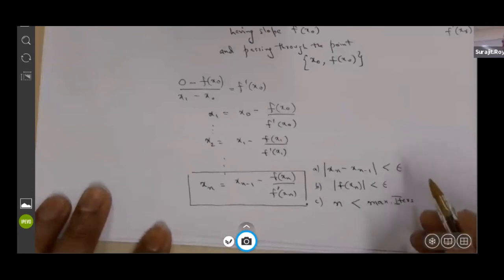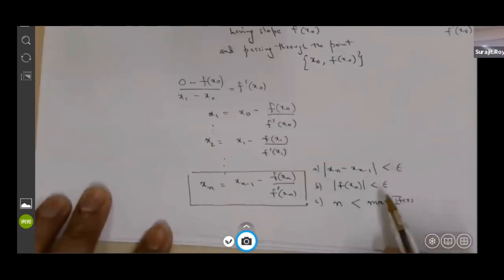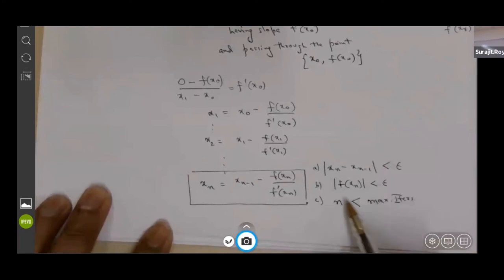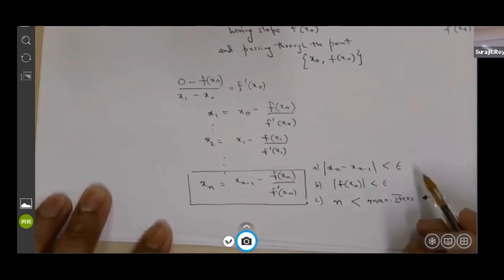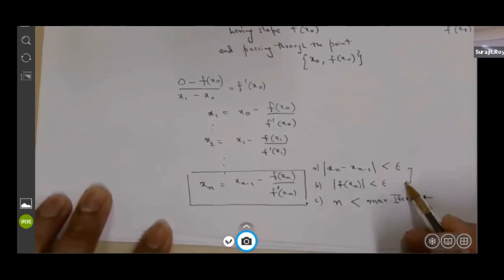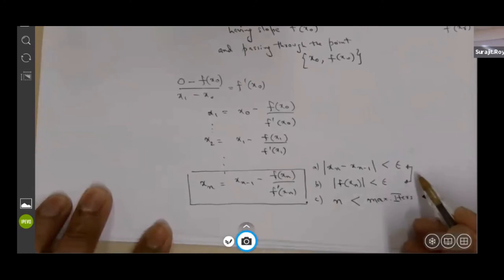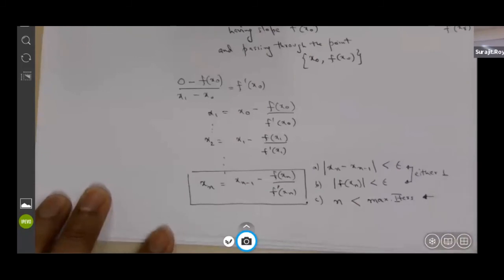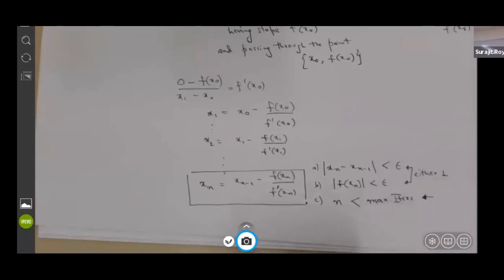Generally two, to be on the safe side. And out of those two, this has to be there. This is a must. And you can pick any one of these two. Either one of these two and one of that. So generally that is the standard practice for stopping criteria.